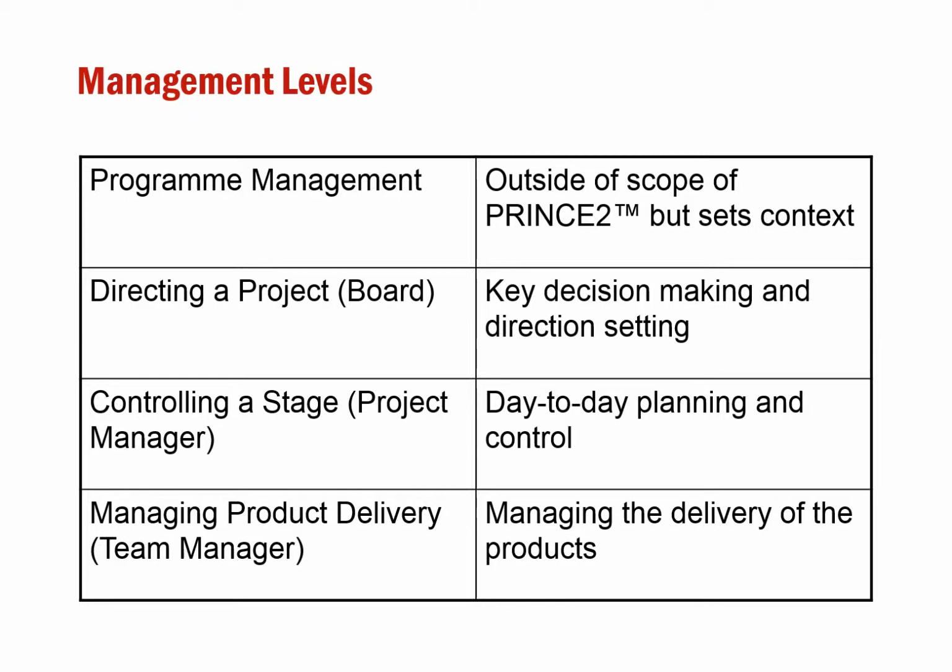However, program management is not within the Prince2 project team context. They are generally outside of the scope of Prince2, but program management would be the people to set the context of the project. The second layer is directing a project.